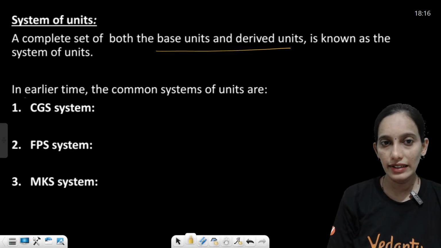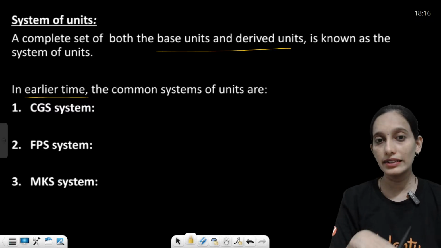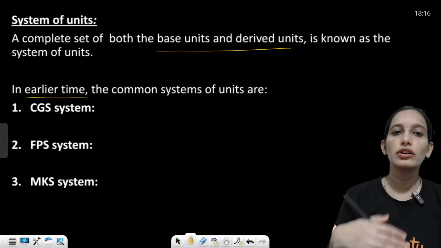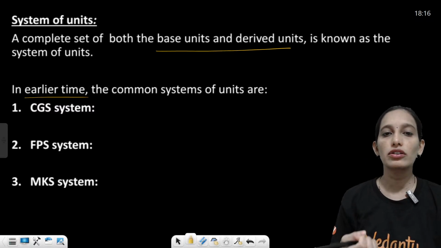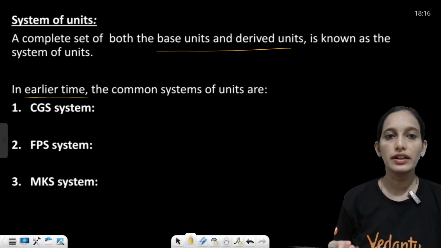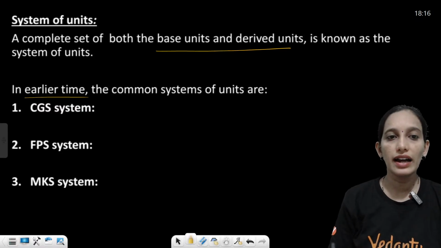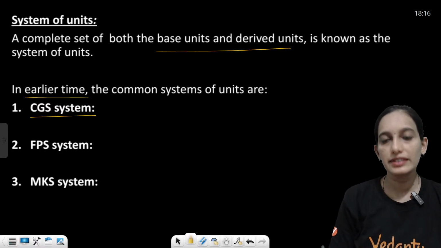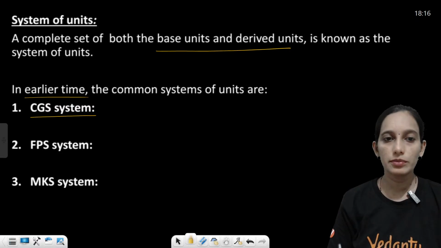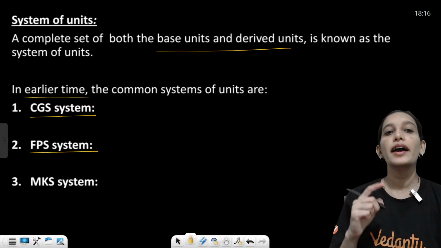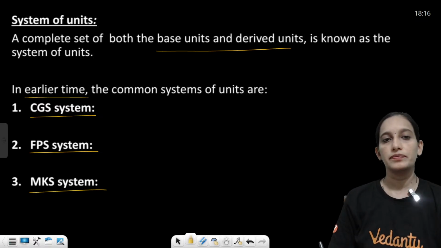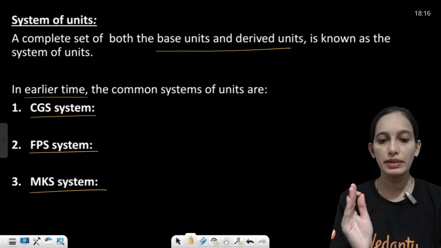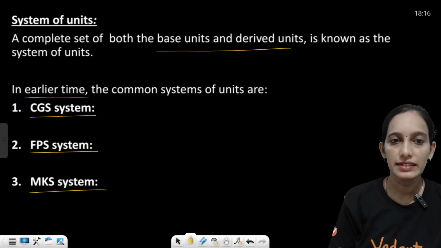In earlier times, not so often used presently, though still there, we had the CGS system, then the FPS system, and then the MKS system. CGS, FPS, and MKS.